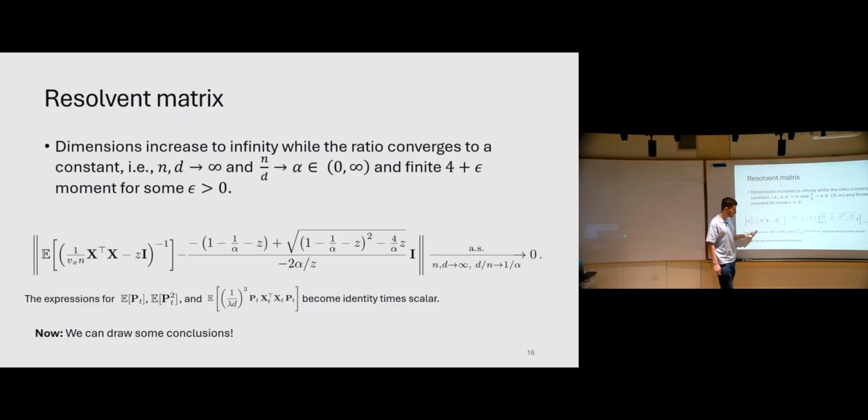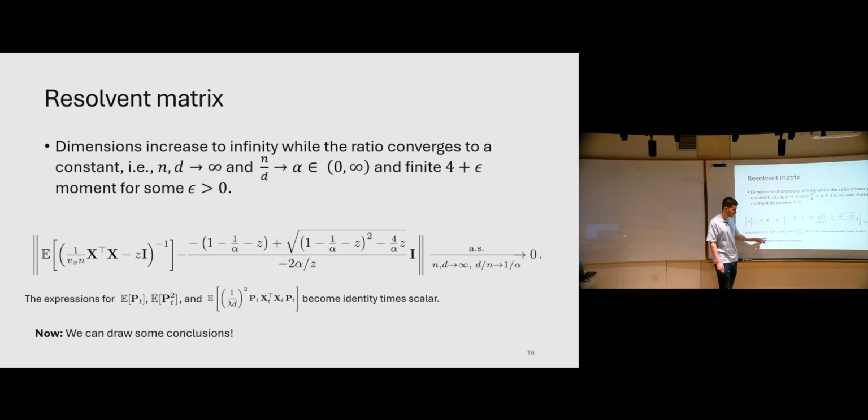So it can be shown to converge to a scalar times identity, almost surely. And since it converges specifically to a scalar times identity, it makes the analysis way more tractable. And from now on, the analysis will be much simplified compared to the analysis that we saw earlier.